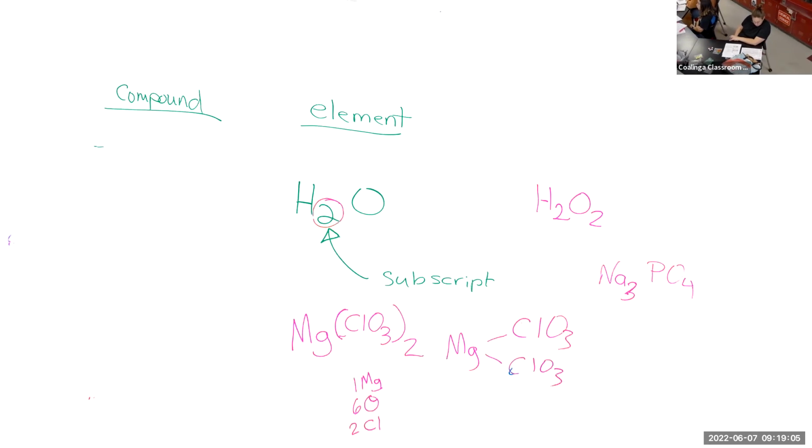How many sodiums? Na is sodium. How many phosphorus? 1. There's nothing next to it, right? So there's just 1. And then how many oxygens? Straightforward.